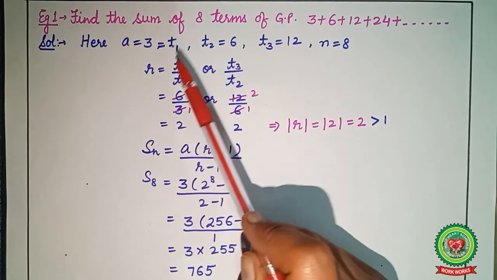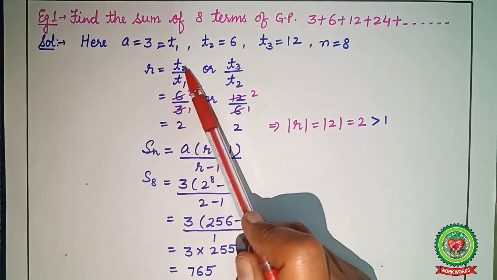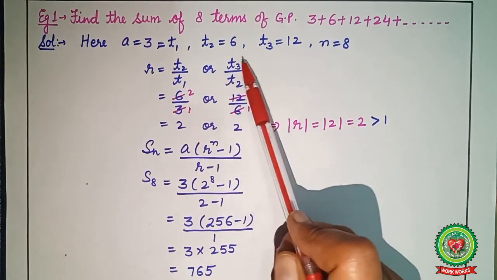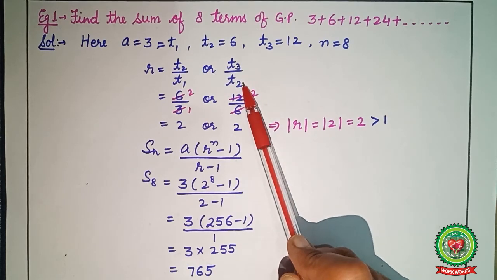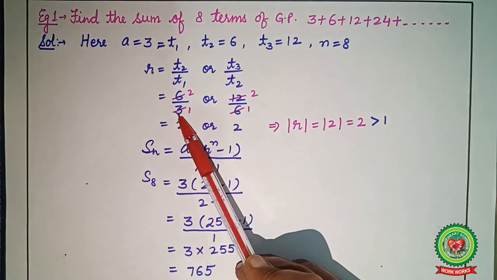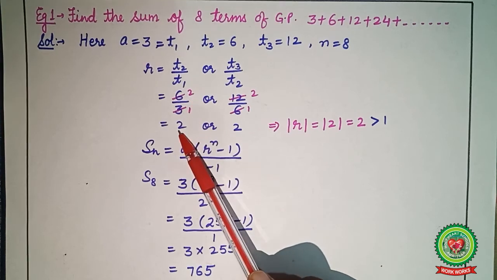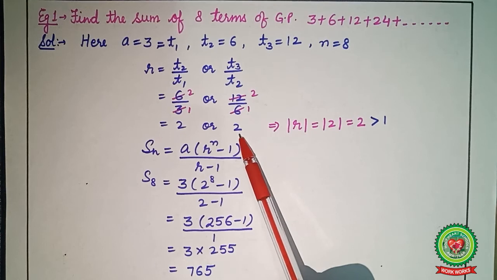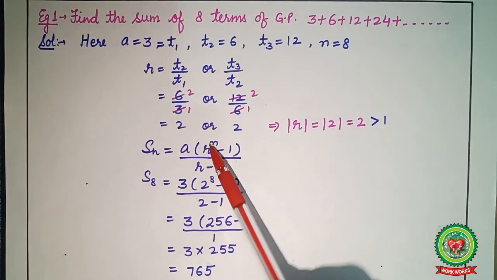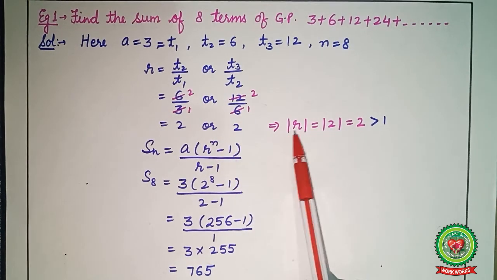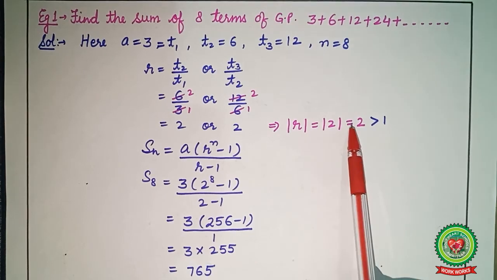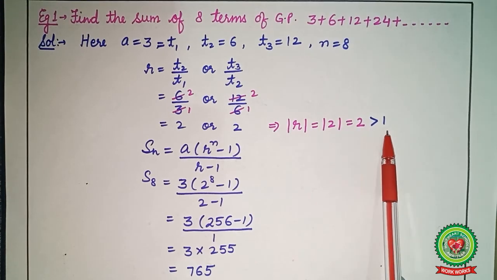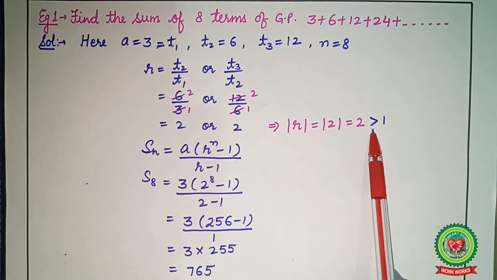Now we can find R from here. R is the second term divided by the first term, or the third term divided by the second term. It becomes 6 upon 3; after cutting we are left with 2. Similarly 12 upon 6 is equal to 2. Now we will check its mod value. Mod R is equal to mod of 2, which is 2, greater than 1. Here R is greater than 1.